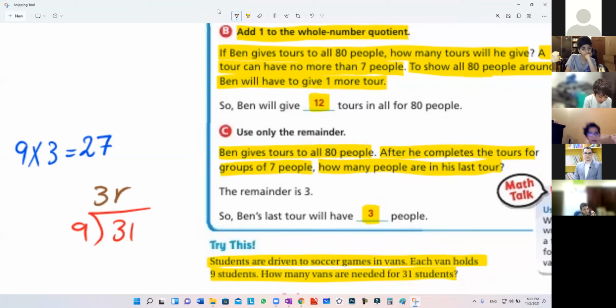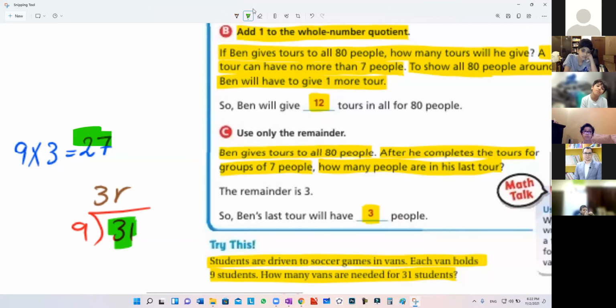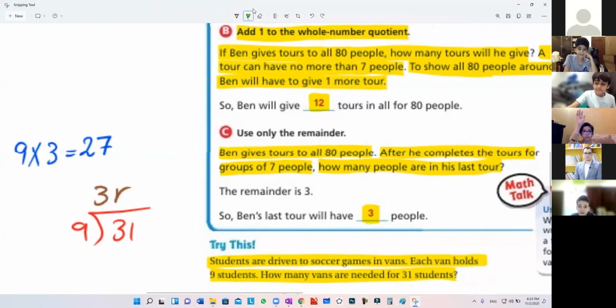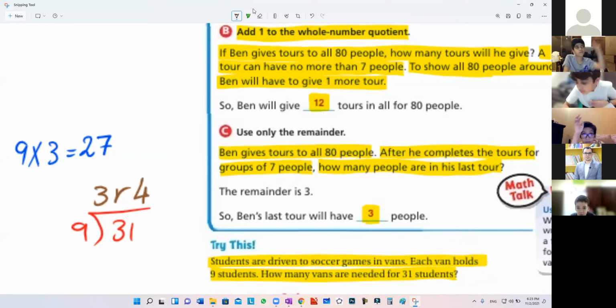If you want to get the remainder, you have to subtract these two numbers. The remainder is 4.